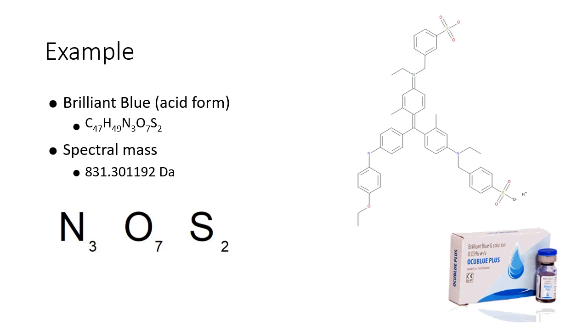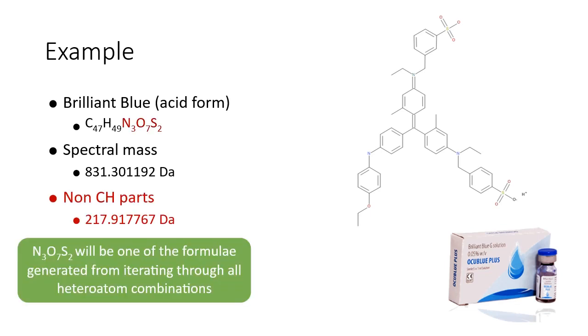But we'll just look at the example when we're calculating this specific iteration that corresponds to the actual combination of nitrogen, oxygen and sulfur that is actually in brilliant blue. Then, for each iteration, we have to calculate the mass of that heteroatom component. So in this case, that's 3 nitrogens, 7 oxygens and 2 sulfurs, which means that the non-carbon and hydrogen parts of this molecule weigh 217.9 daltons.